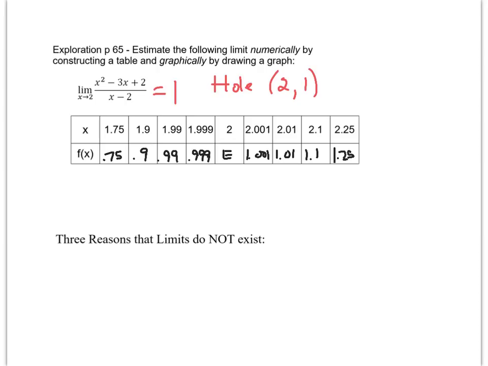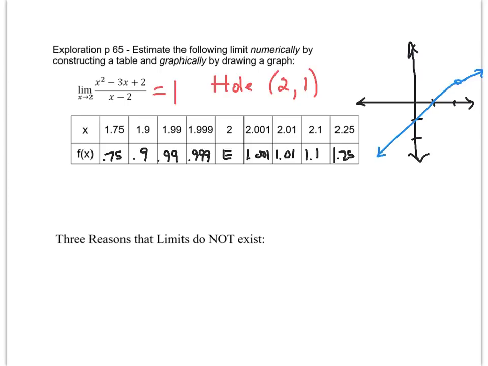Now what I'd like you to do is please put this graph on your graphing calculator and draw a sketch of that graph. Adjust your window so that you're looking around the number 2, and take a look and see if it makes sense to have a limit of 1 for this function according to your graph.